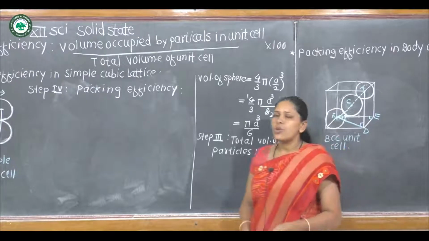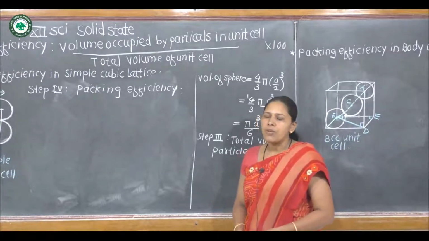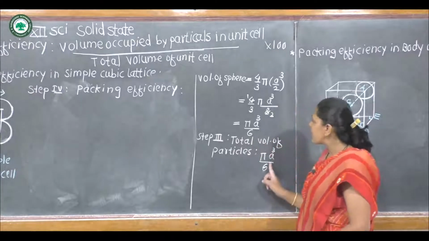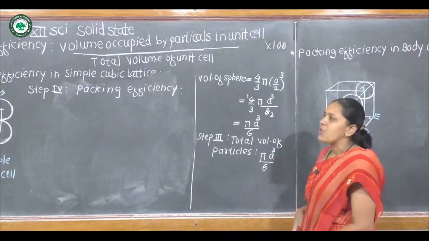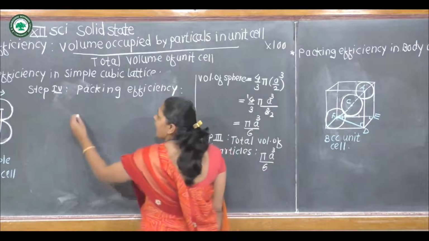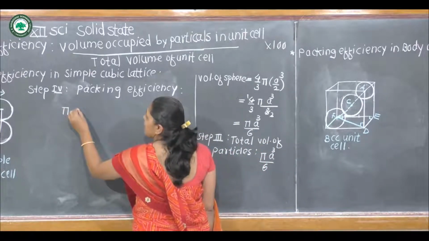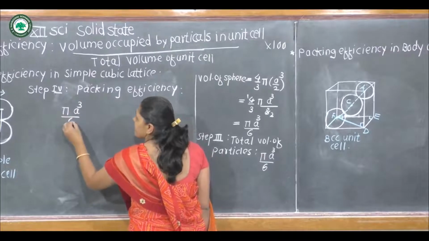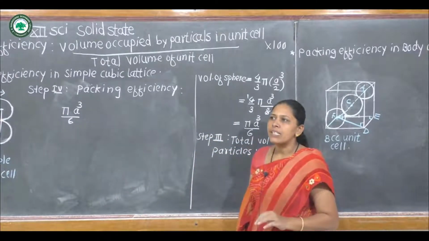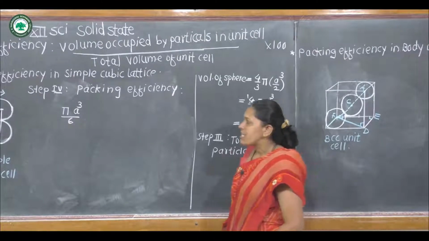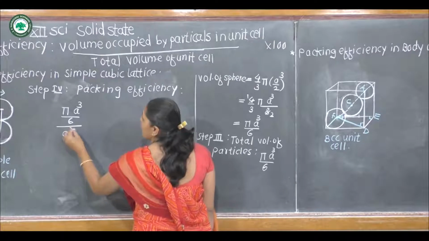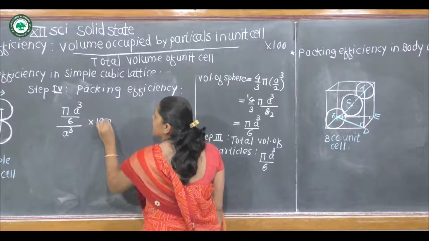We know that the total volume of the unit cell is a cube and the volume occupied by one particle in a simple cubic unit cell is equal to pi a cube divided by 6. Therefore, pi a cube divided by 6, the volume occupied by one particle, divided by the total volume a cube, multiplied by 100.